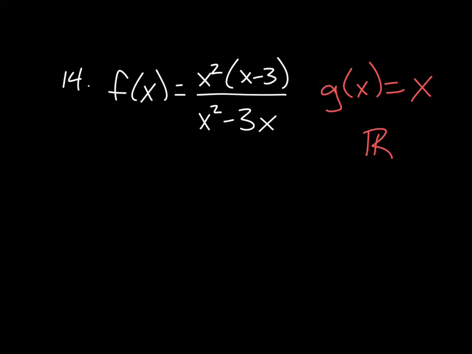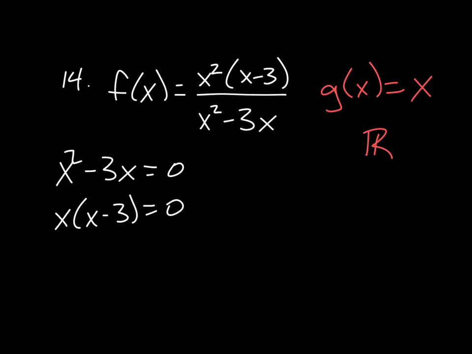So again, we take our denominator, set it equal to 0. And how do we solve that? Well, hopefully you realize that you have to factor. So we're going to take an x out and be left with x minus 3 equals 0. And so now we set each of those equal to 0, and then solve.